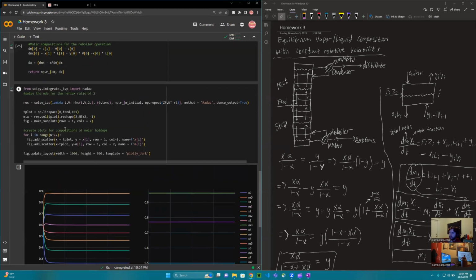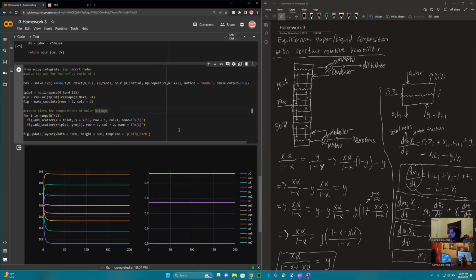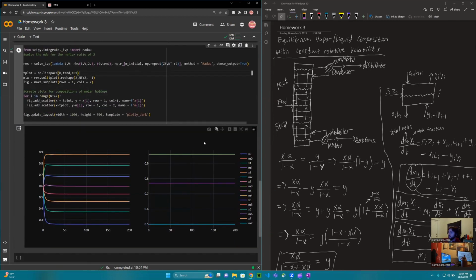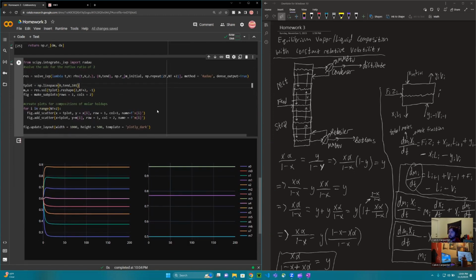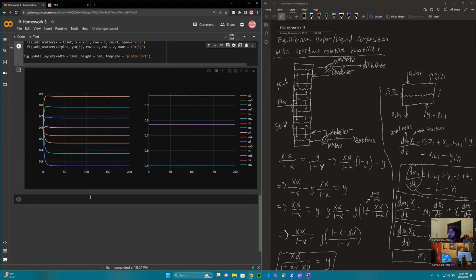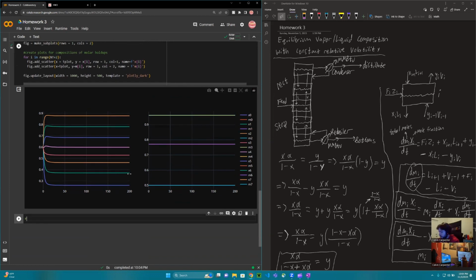Okay, so these are our plots for compositions of molar holdups with the reflux ratio of 2. And then we are going to be able to compare this to the plots of the reflux ratio of 10. But for now, we're going to do the McCabe-Thiele diagrams for reflux ratio of 2.